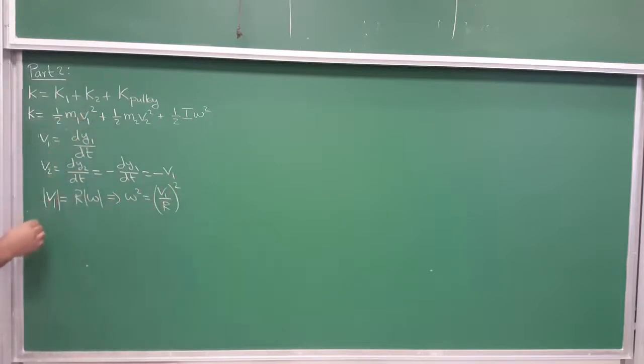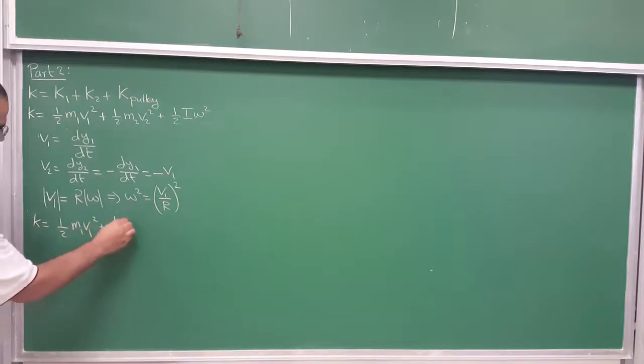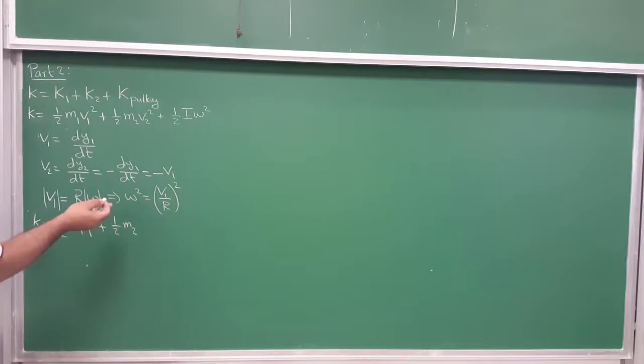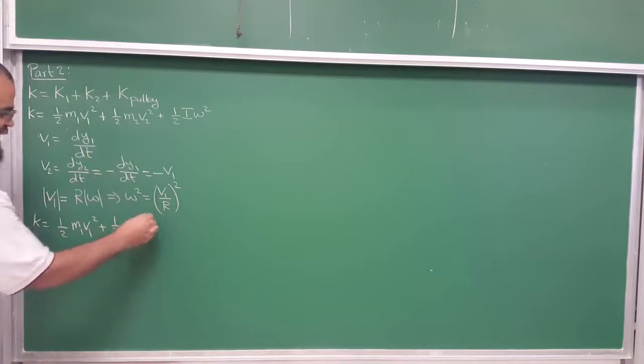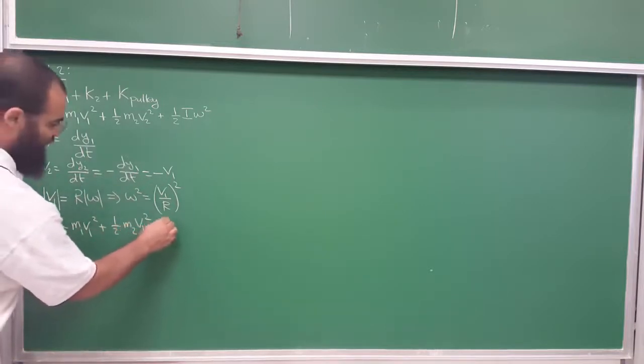So let's plug in here. So we get the kinetic energy, therefore, will be 1/2 m1 v1 squared plus 1/2 m2, but v2 is negative v1, but when you square it, it just becomes v1 squared. And then here I have 1/2.